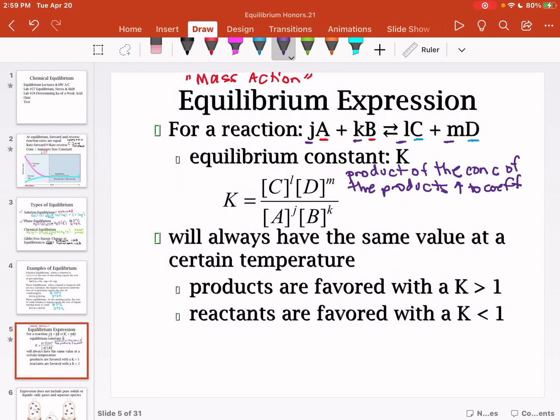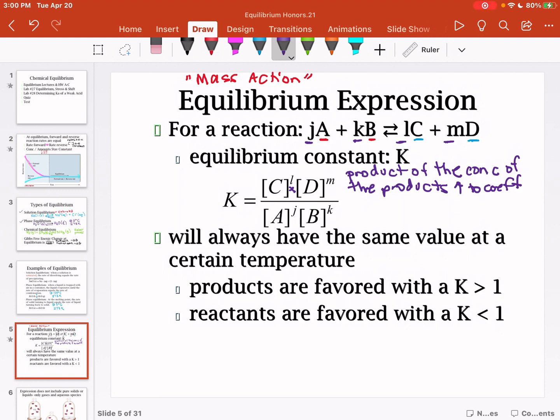Now, let me break that down. I used the word product twice in two different contexts. The first time, what I meant was multiplication. We multiply these numbers together. The second time I used the word products, I meant the things on the right-hand side of the equation.